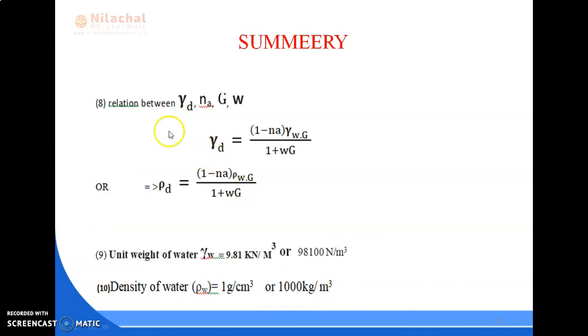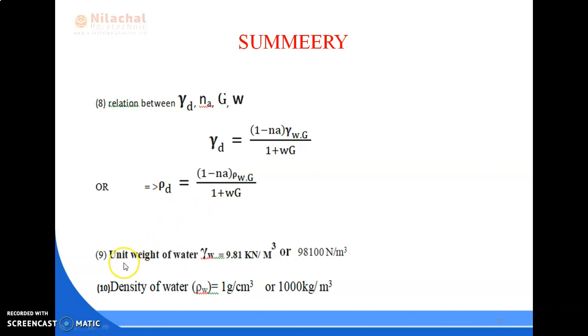Number 8, relation between gamma d, na, G and w. The relation is gamma d equal to (1 minus na) into gamma w into G by (1 plus w into G), which implies rho d equal to (1 minus na) rho w G by (1 plus wG).